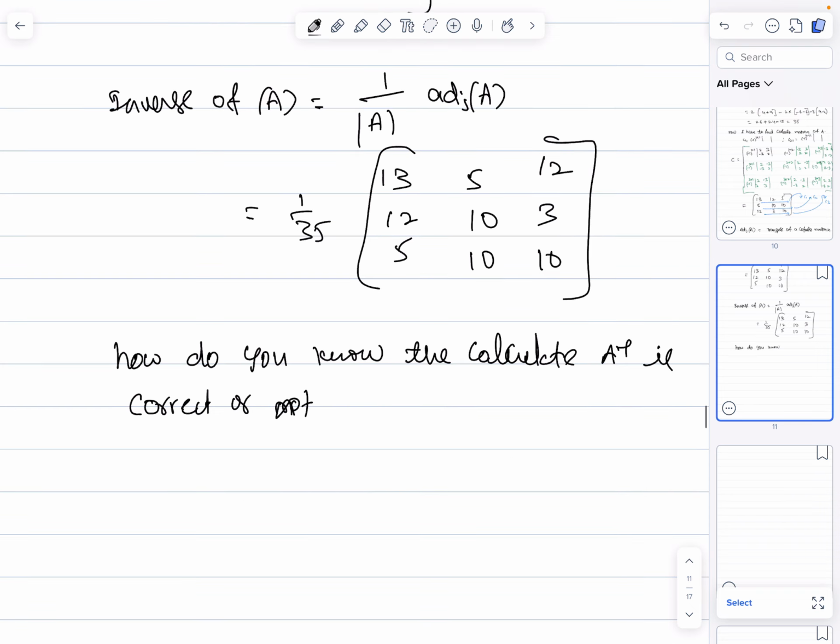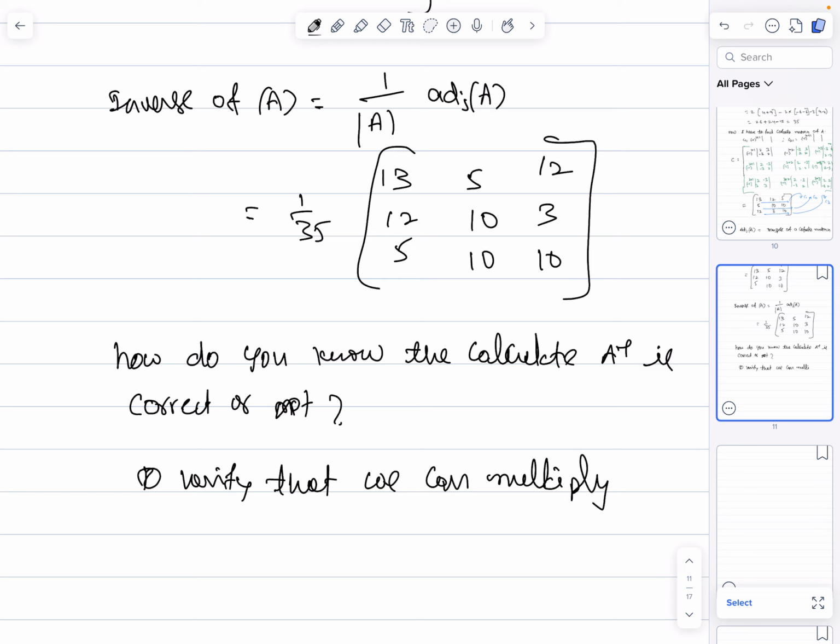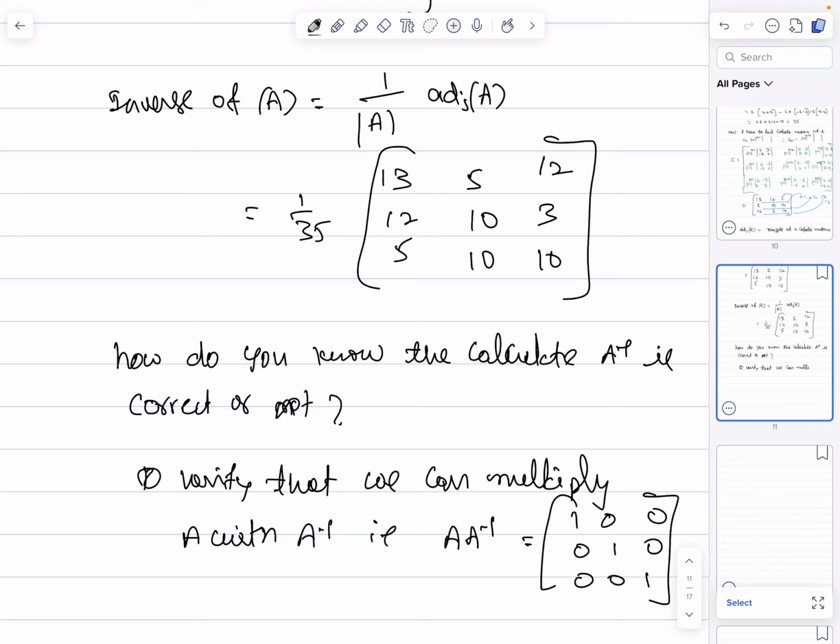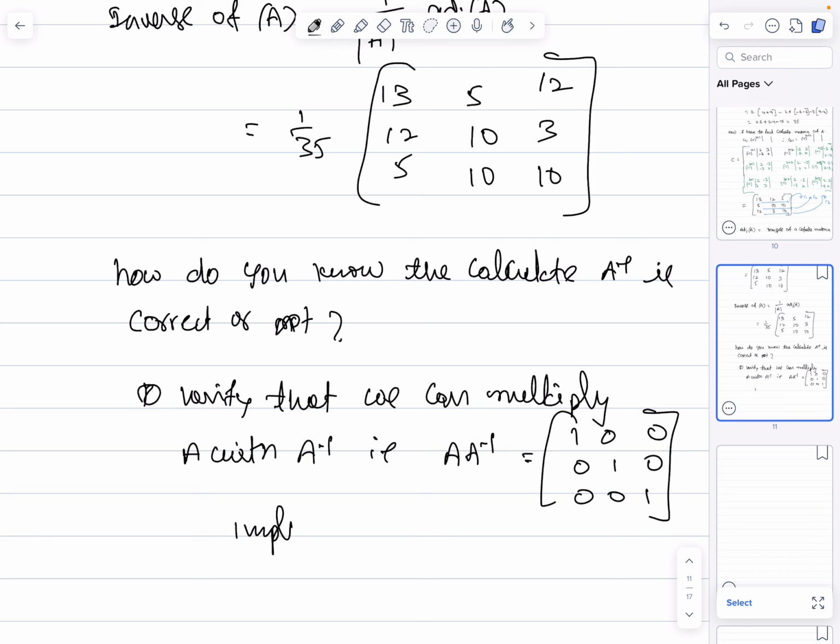To verify that, we can multiply A with A inverse, that is A into A inverse, you should get the identity matrix. So, that implies your calculation is correct.